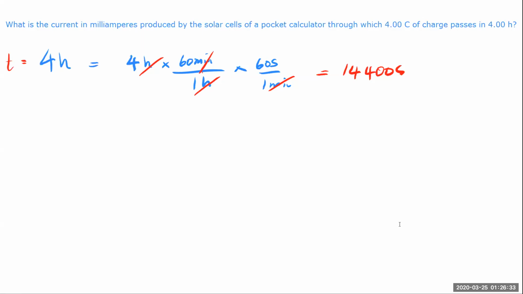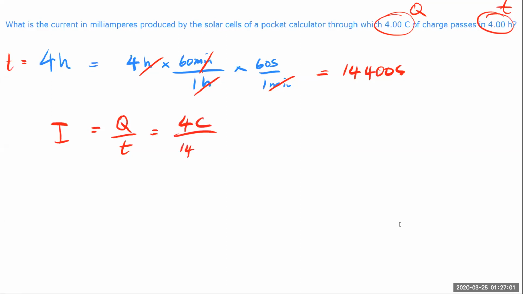Q or I equals Q over T, and Q here is 4 coulombs. That's your Q, and that's your T, right? So 4 coulombs divided by 14,400 seconds, and this is what?